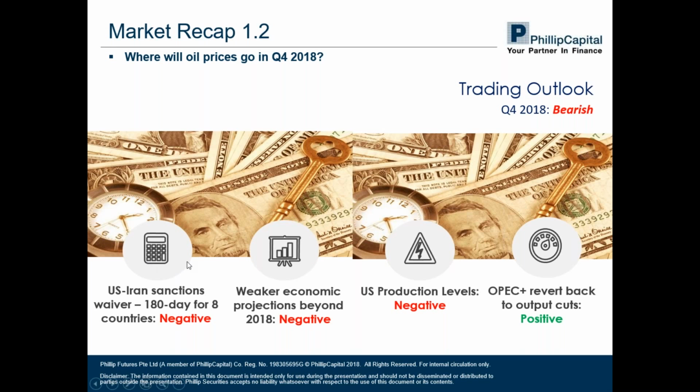The first key point that will largely keep oil prices very controlled is the effect of the US-Iran sanctions waivers for eight countries, which is going to be bearish. It has a lot of bearish effects because we have seen Asian buyers, including China, actually starting to make purchases from Iran.